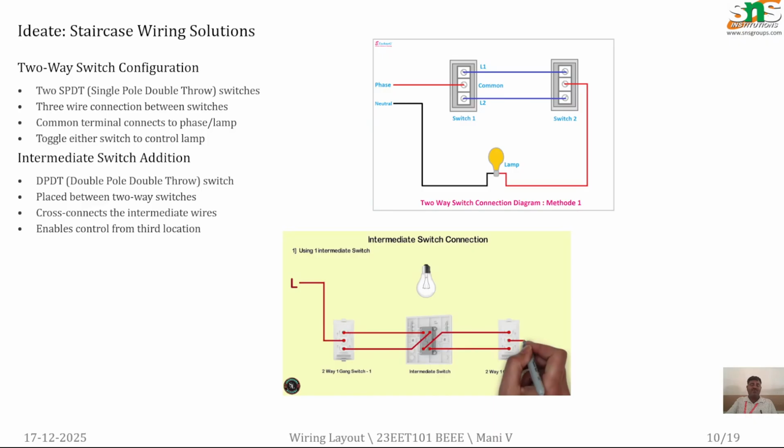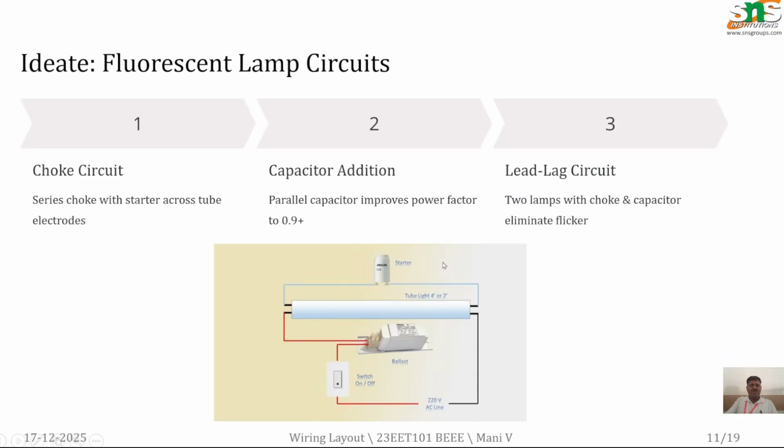Suppose you want to add two or more locations, we can add intermediate switches to control a single lamp. And for the fluorescent lamp, the power supply is given through the switch, then the choke, that is called ballast, and after that the tube light and starter. The choke is used for current limiting, just like a stabilizer is used to regulate the output voltage.